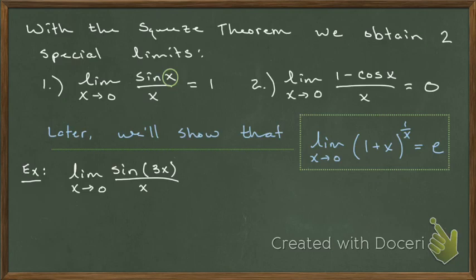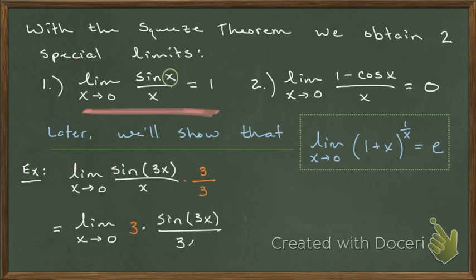I need to bring a 3 into the bottom to get 3x. So I do that by multiplying by 3 over 3. And what that gives me is 3 times sine of 3x over 3x. Again, now 3x and 3x are the same.